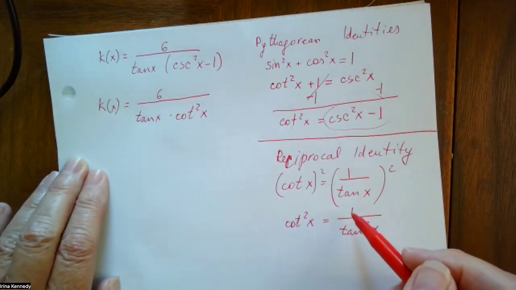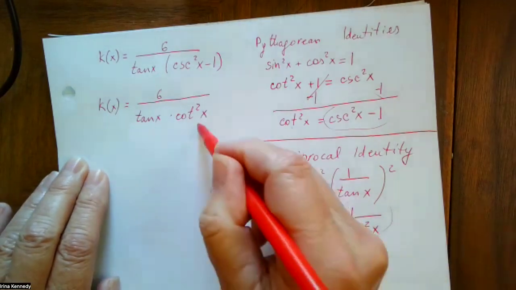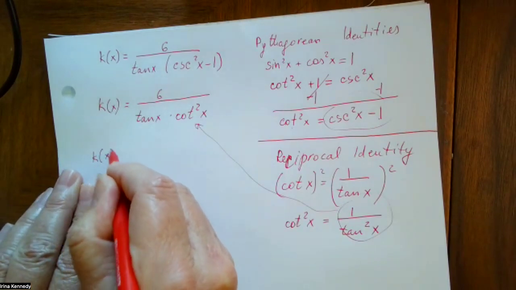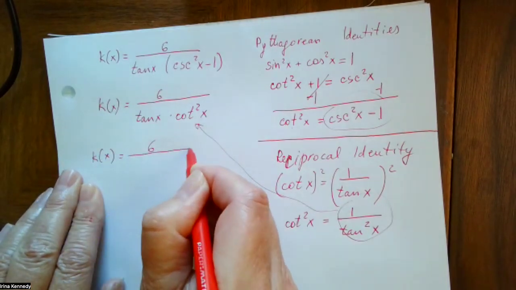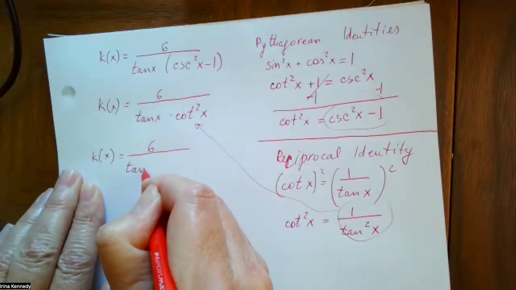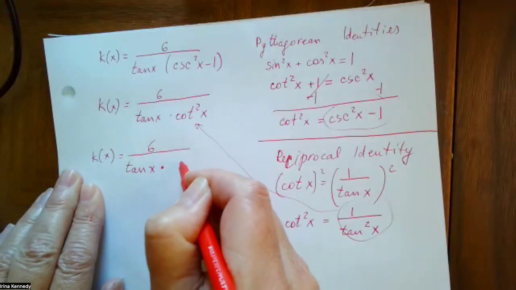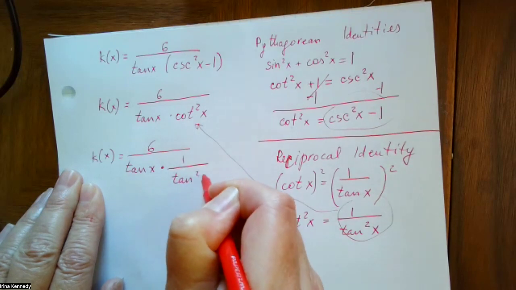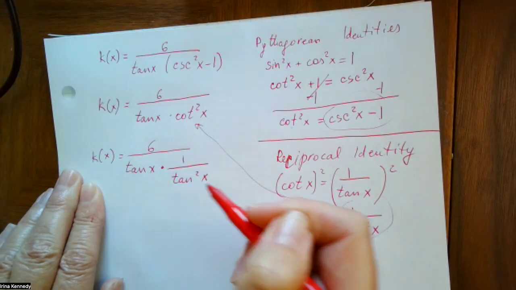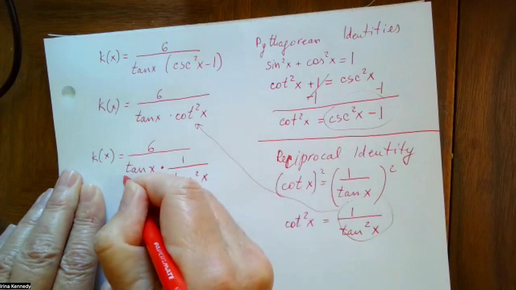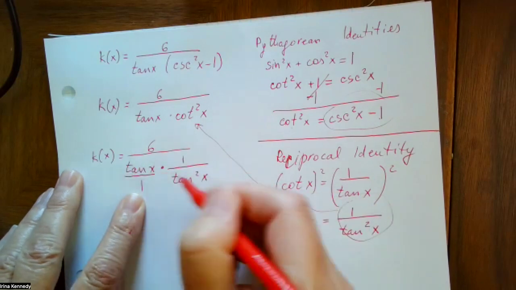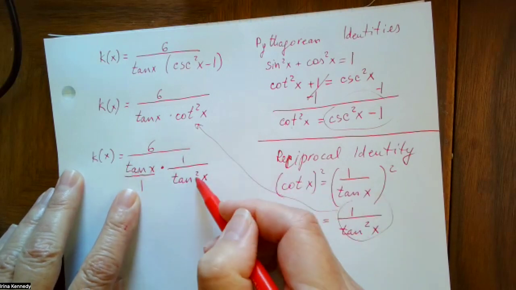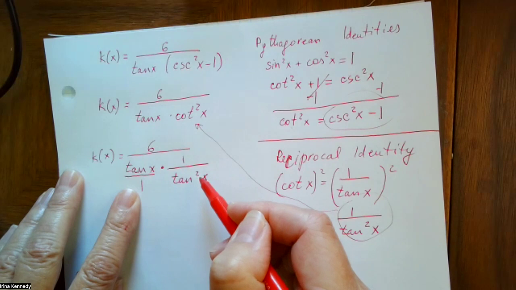All right, let's plug it in. So this goes instead of cotangent: 6 over tangent x times 1 over tangent squared x. That's just like fractions. We can simplify fractions. That's tangent to the first power, that's tangent to the second power.